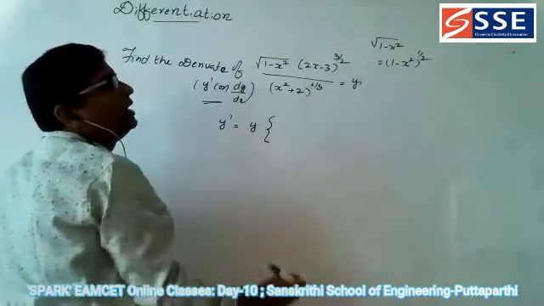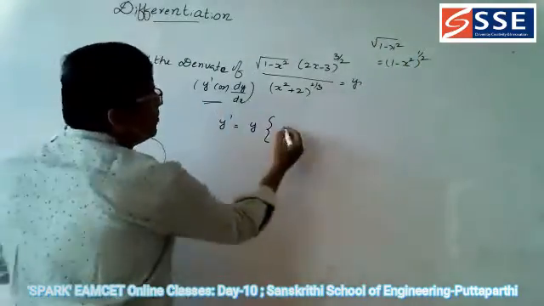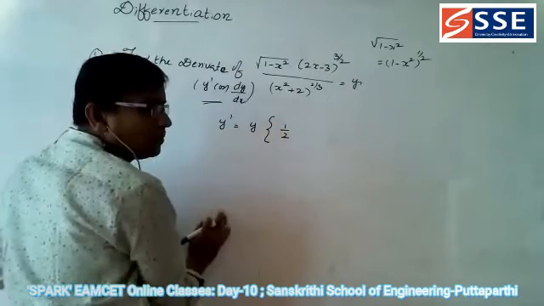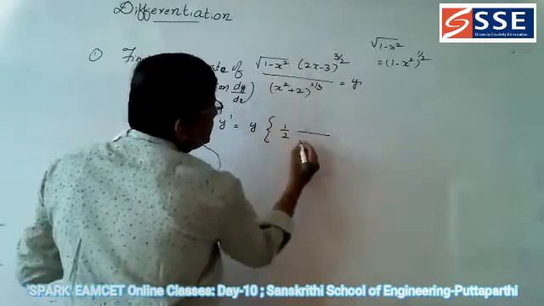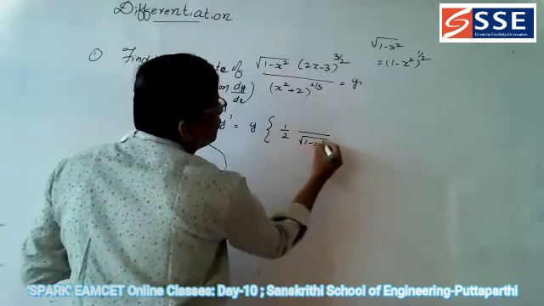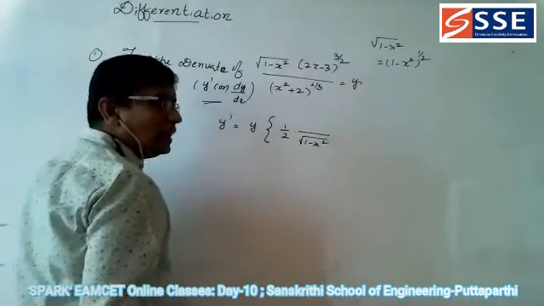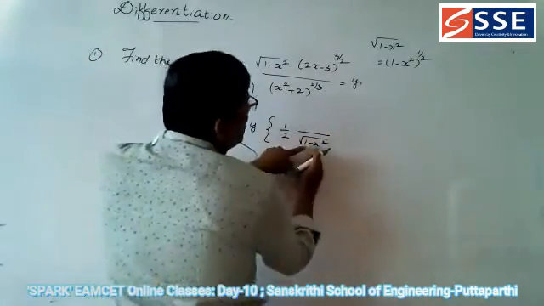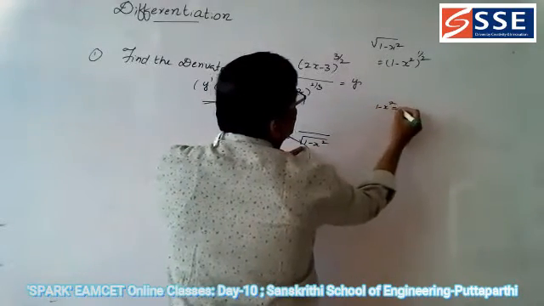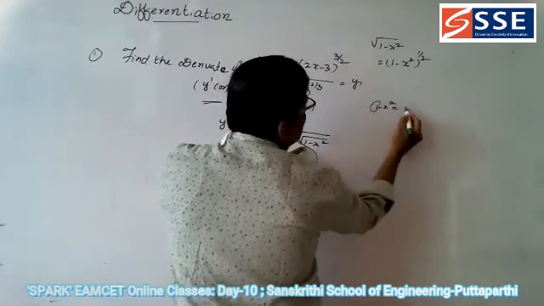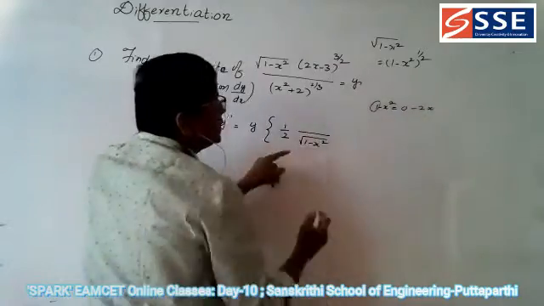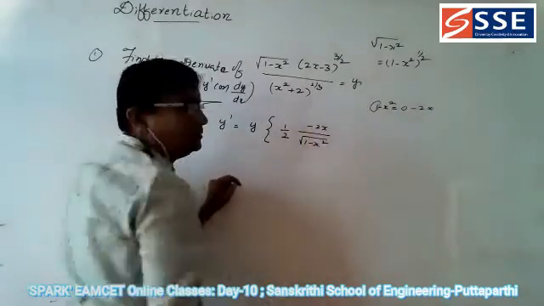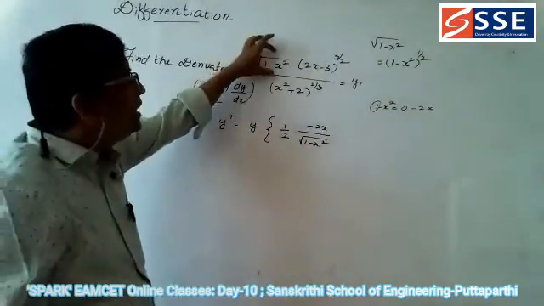If you take the differentiation of this, automatically 1 by 2 can come in front, 1 by 2 into, and the same term you write down in the denominator, root of 1 minus x square as well. The differentiation of 1 minus x square is, differentiation of constant is 0, differentiation of x square is minus 2x. Write this down here.